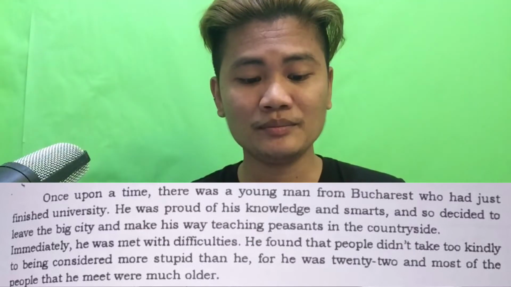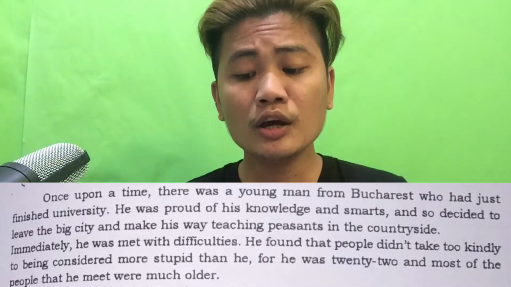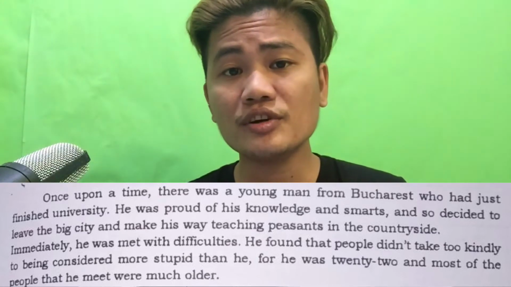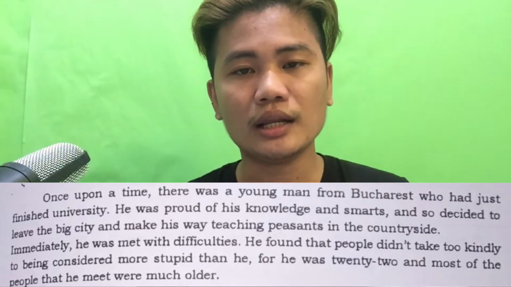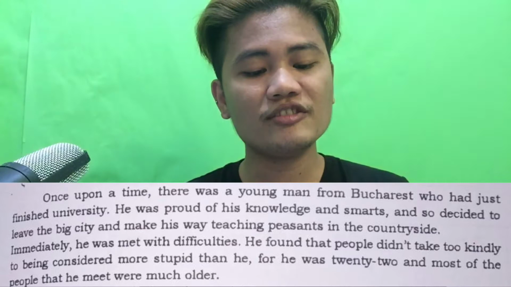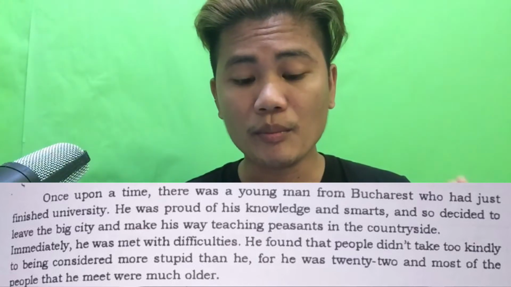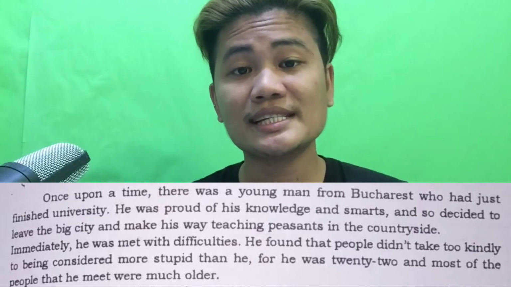Once upon a time, there was a young man from Bucharest who had just finished university. He was proud of his knowledge and smarts, and so decided to leave the big city and make his way teaching peasants in the countryside.